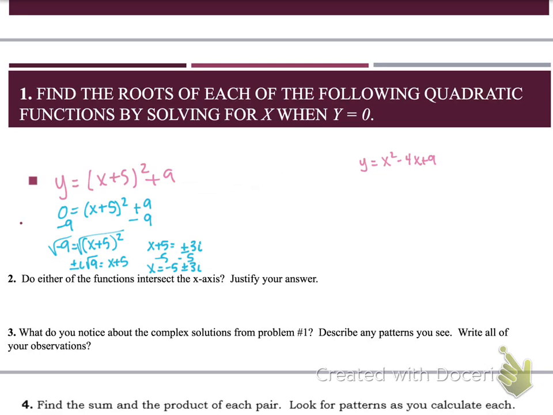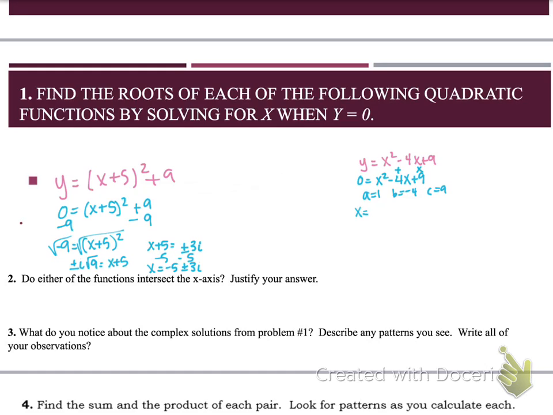Okay, my next one, because I can't just solve it, I'm actually going to use the quadratic formula. The reason I'm using the quadratic formula is because it's not going to be able to be factored. There's nothing that multiplies to 9 and adds to negative 4. So when I use the quadratic formula, I have my a is 1, my b is negative 4, my c is 9.